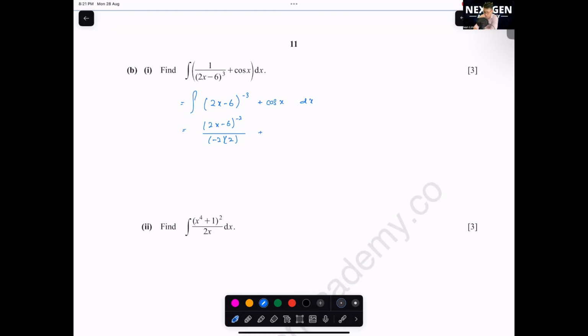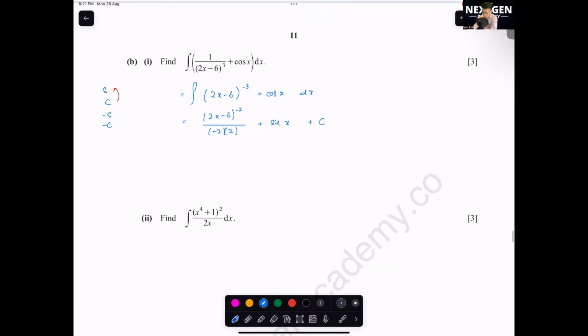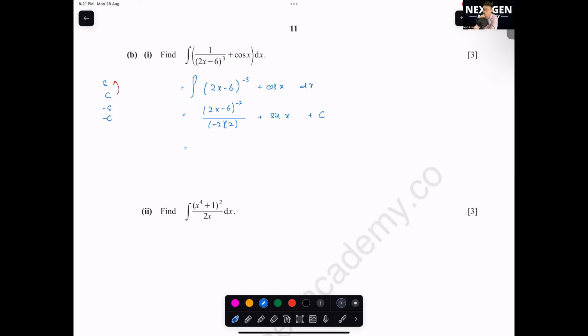Cos x, you all have to remember, S, C, negative S, negative C. So cos, when you go up, you integrate, you get sine. So here will become plus sine x. Make sure you put a plus C at the back, because this is called an indefinite integral. We simplify this. You can write it as negative 1 over 4 times 2x minus 6 squared, plus sine x plus C.